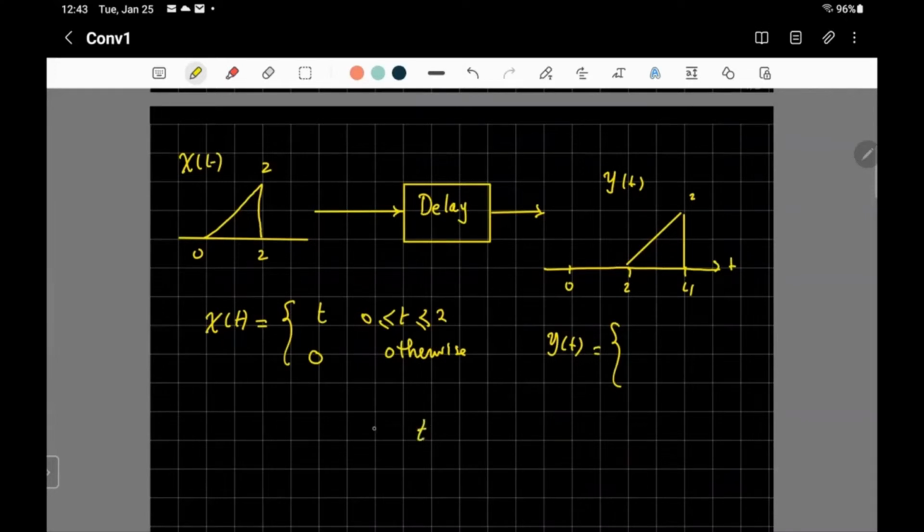We'll say y is equal to t plus some kind of c, but it's equal 0 at 2. So y is equal 0 when t equals 2 plus c. So what's the value of c? Negative 2. So you can say it's equal to t minus 2 when t is greater than 2, less than 4, and 0 otherwise.